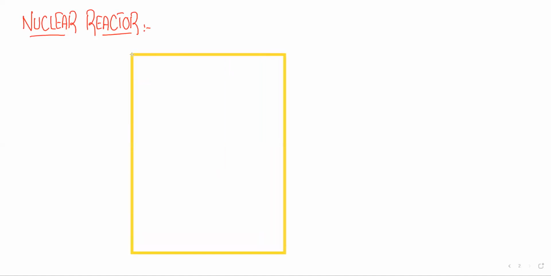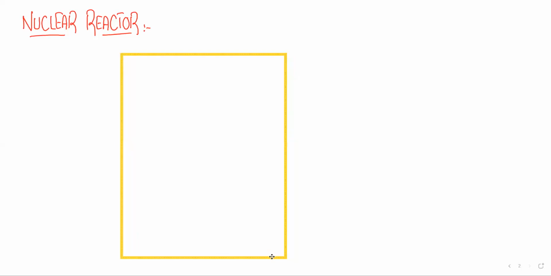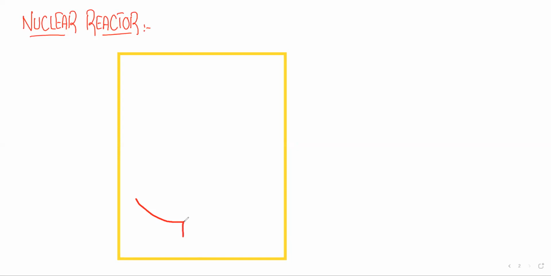So initially we have a concrete block. Okay, this symbol is much similar to the National Geographic symbol, right? The yellow frame. Okay, so further in this nuclear reactor, this is the internal structure, and in this whole control system, we are going to place a uranium rod, control rod and graphite rod.